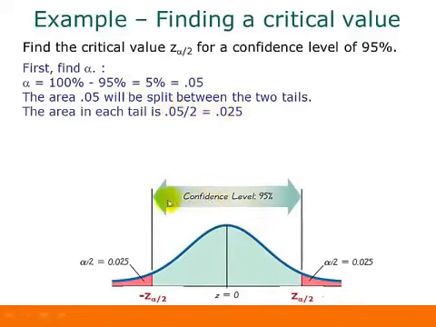So here's our picture again. Our confidence level is 95%, so that means we've got 0.025 in each one of our tails. What we're going to look for is these 2 values that form the borderline between those 3 regions.